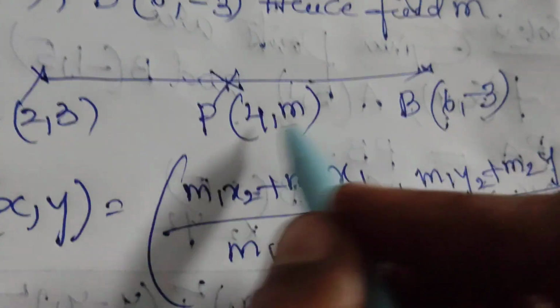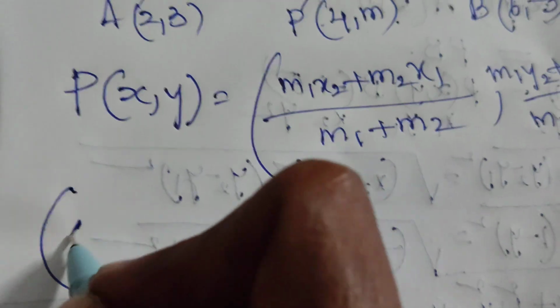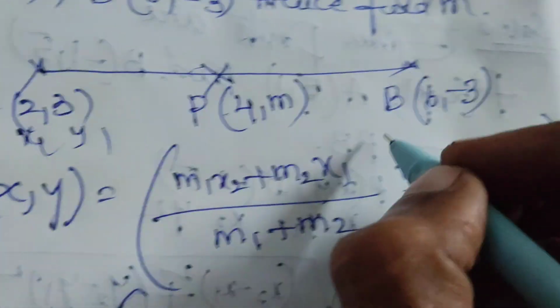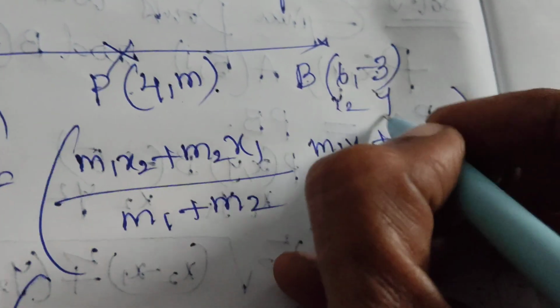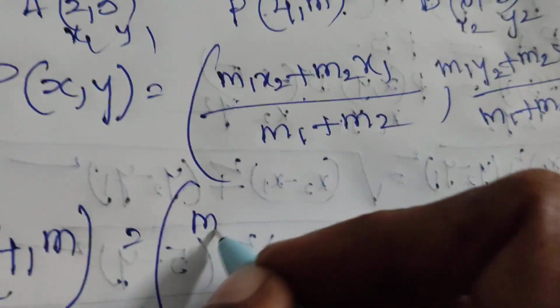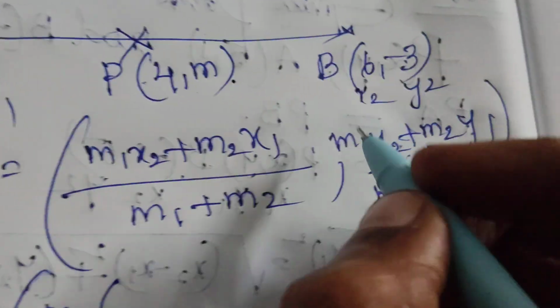Given that P(x, y) is the point (4, m), here (x1, y1) and (x2, y2) are the points A and B.